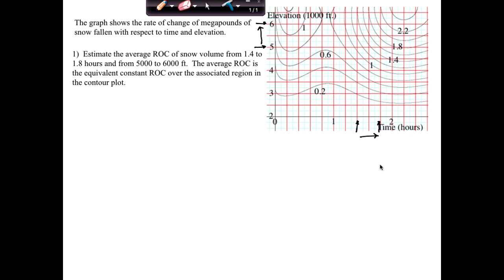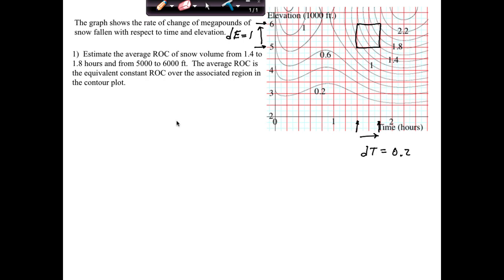So this is like a dt of 0.2 and a dE of 1. And I want to make an approximation for what was the weight of snow fallen over that elevation range and over that change in time and hours.